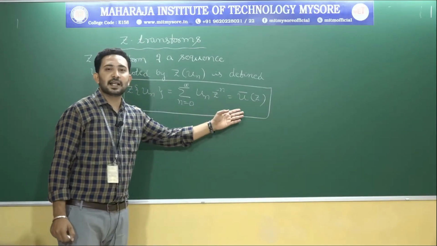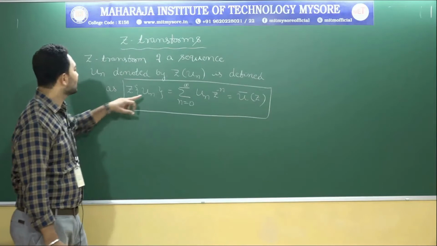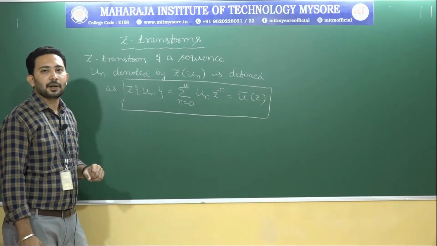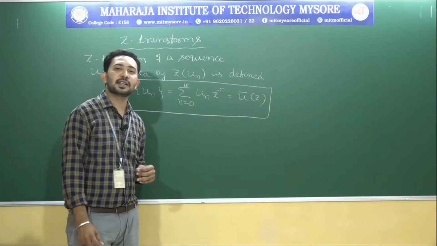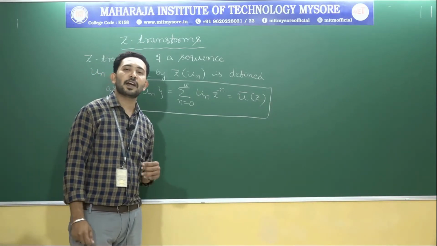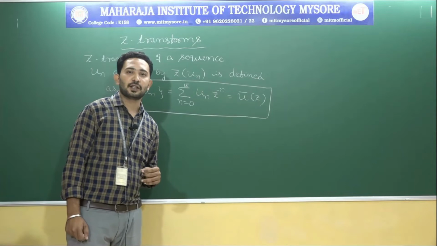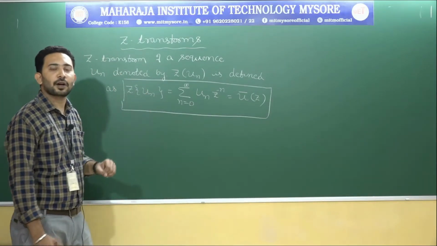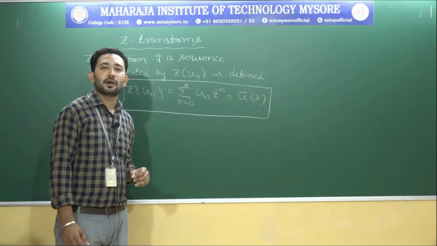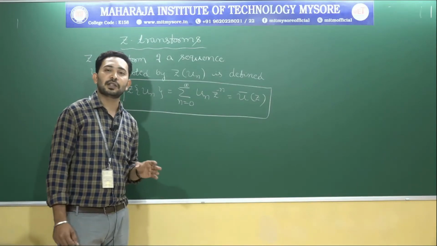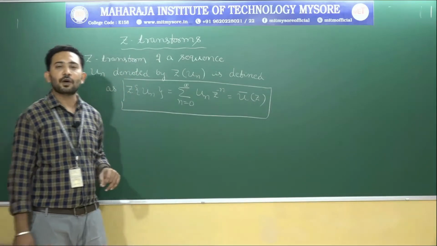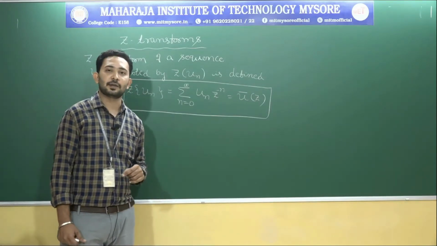Here u bar of z is the Z transform of sequence u_n and z is a complex number. Z transform exists only when the infinite series is convergent, and also here the sequence u_n is defined for discrete values of n equals 0, 1, 2, 3, etc. and sequence u_n is 0 for n less than 0.